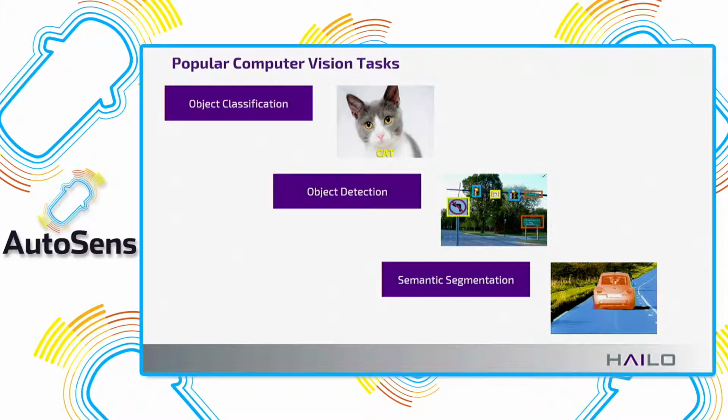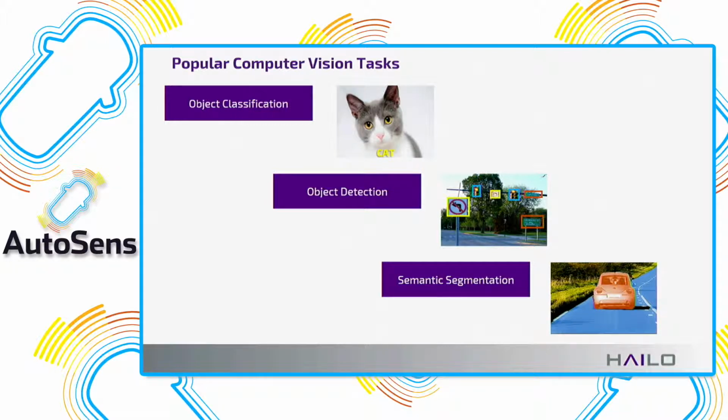I will focus in this talk on computer vision. This is by far currently the most intense and interesting application for deep learning in automotive. There are many tasks which have been shown to work very well on neural networks in computer vision. A few common ones are classification. You're given an image and say, okay, it's a cat, it's a dog, it's a fish. Usually it's a cat.